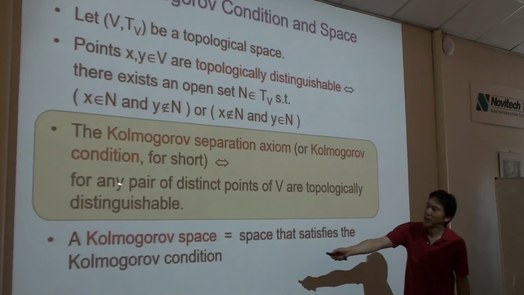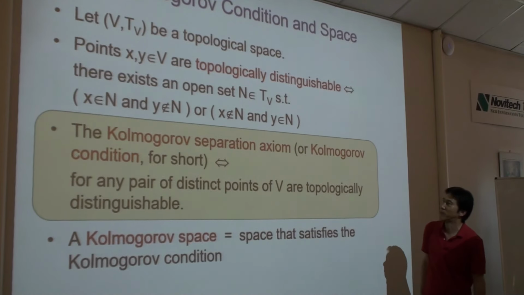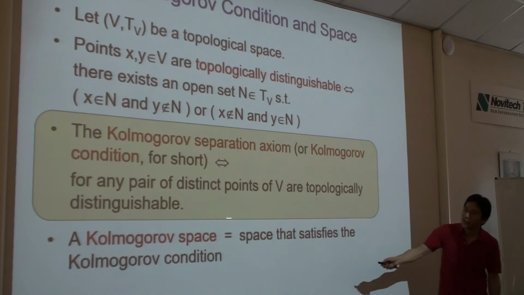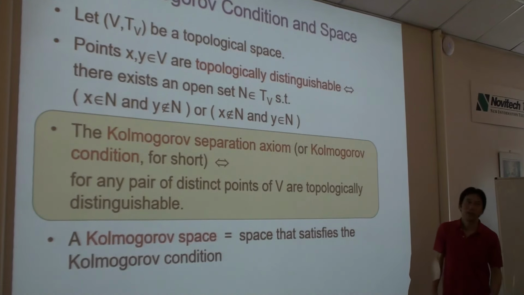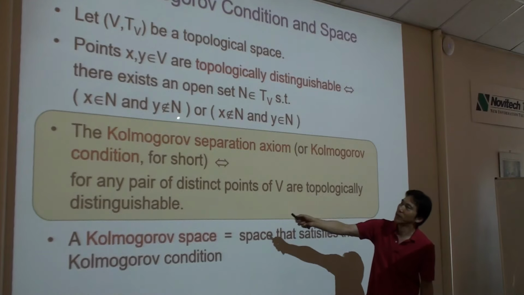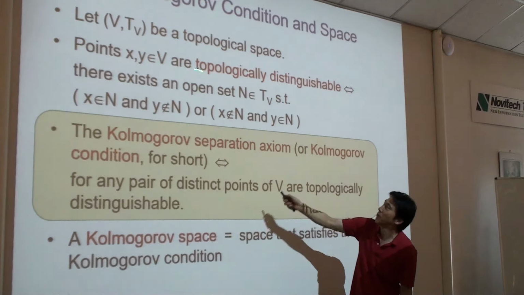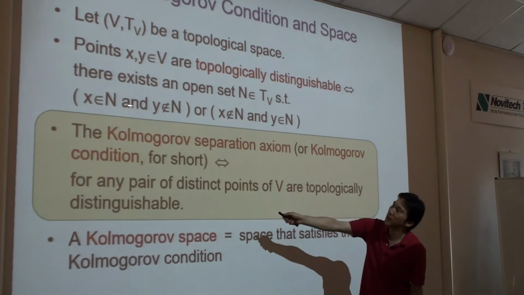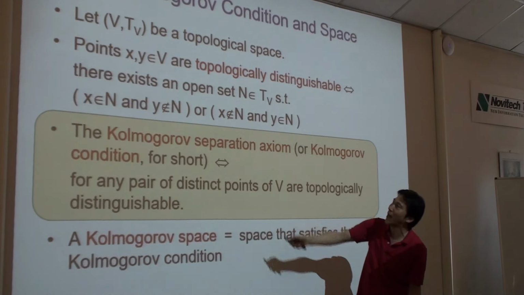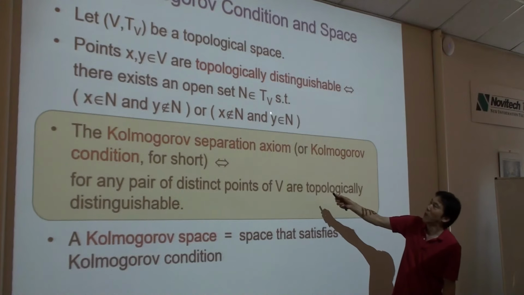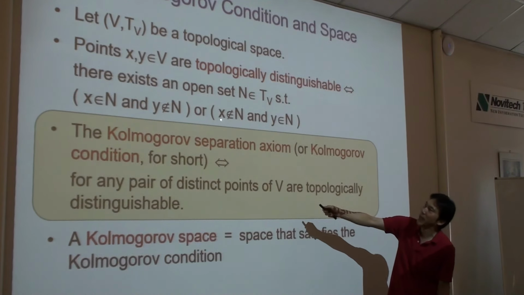That means any pair of distinct points is topologically distinguishable. Topologically distinguishable means that an open set can differentiate the two points, like we have an open set that contains x but not y, or y is contained in it but x is not.